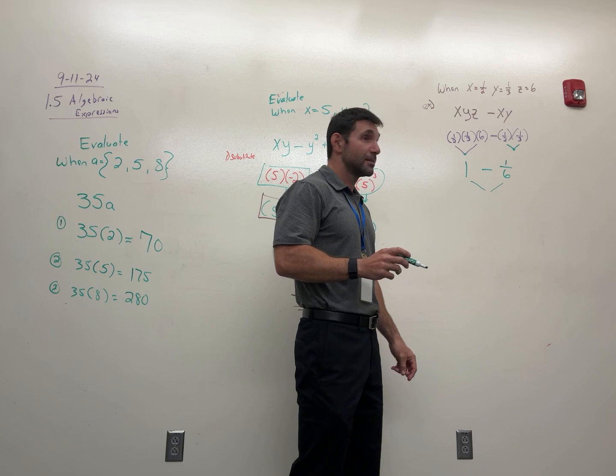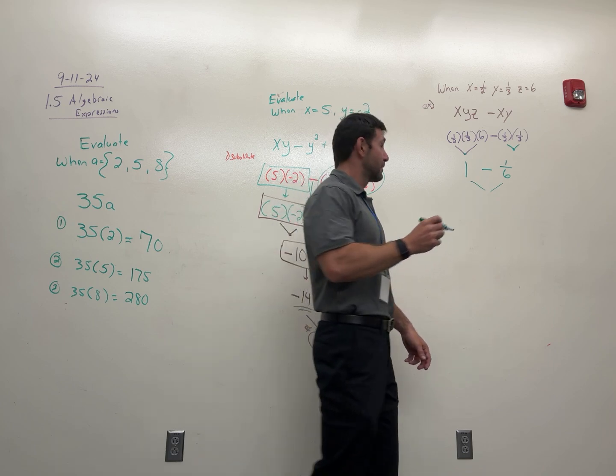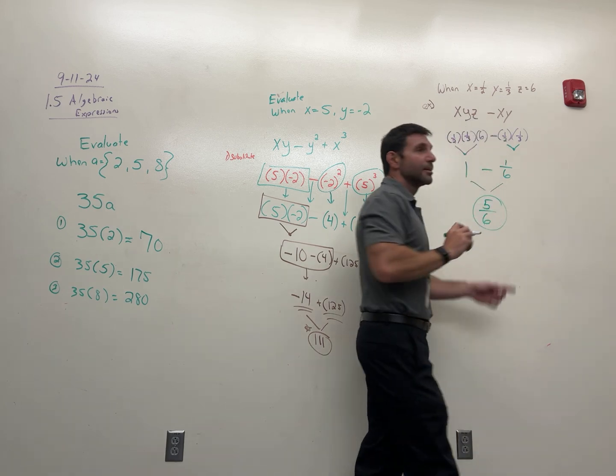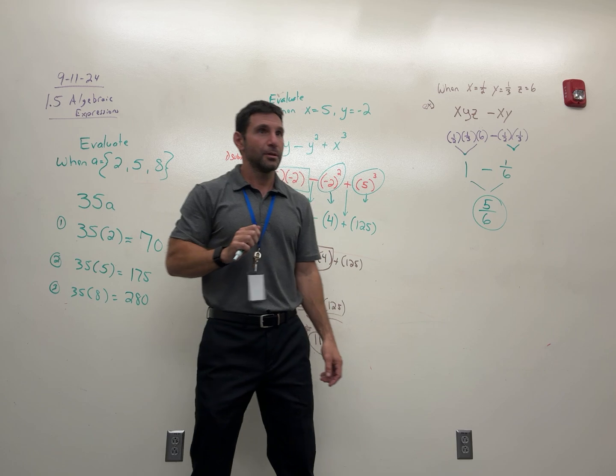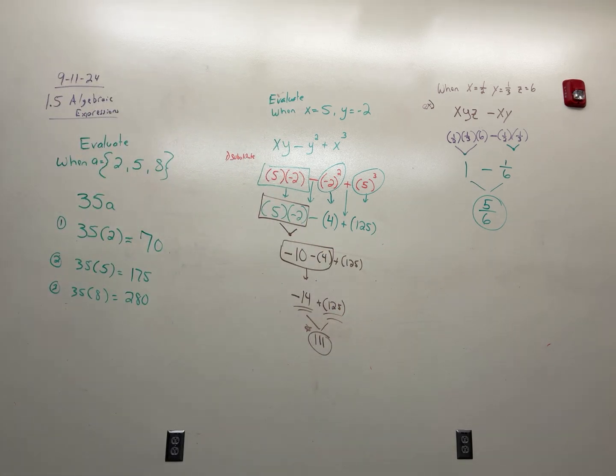Second, PRB. 5/6. Should fractions scare you? Wait, I don't think I did it right. Okay, come over. 1 minus 1 divided by 6. Oh, I pressed it twice.